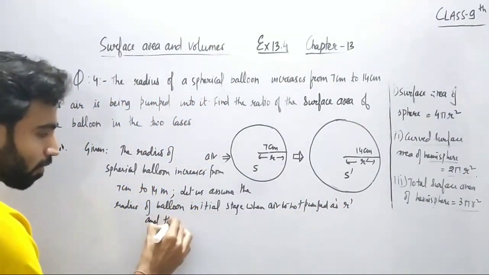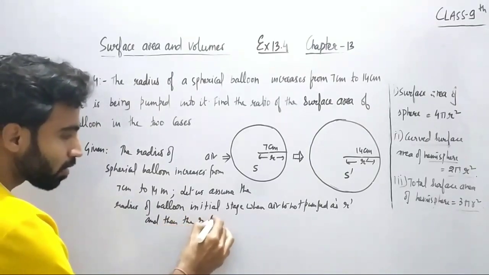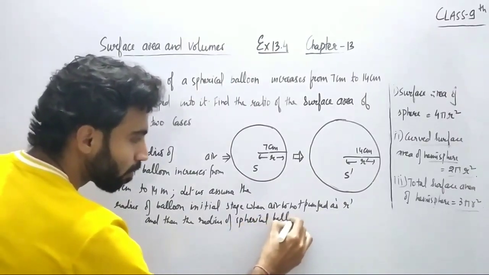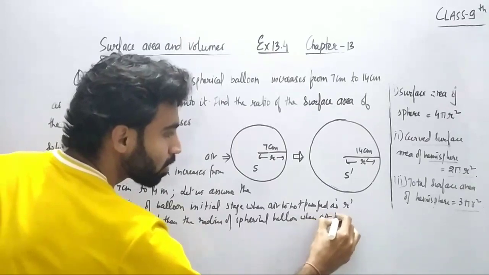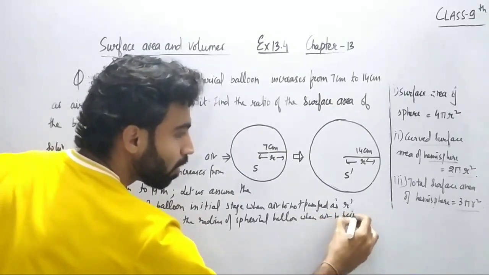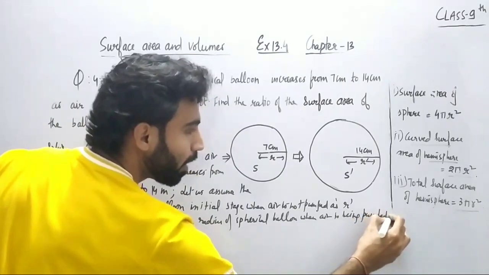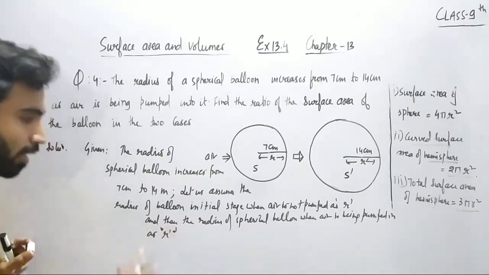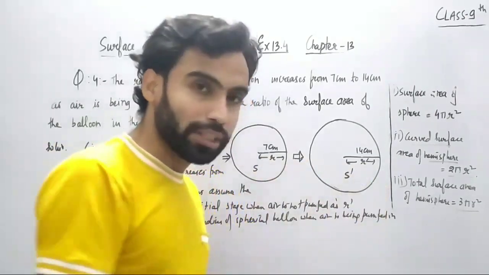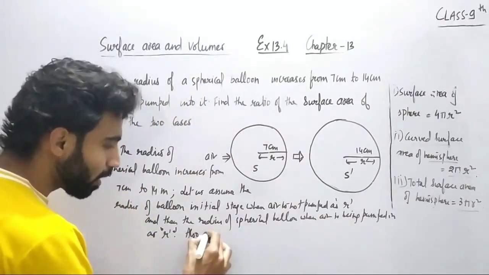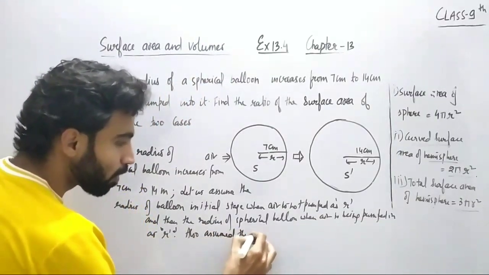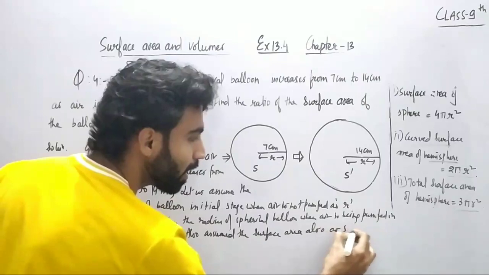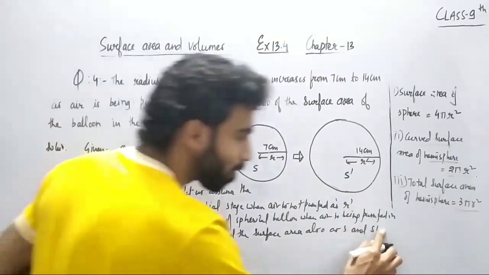And then the radius of spherical balloon when air is being pumped in as r dash, right? So यहाँ पे मैंने इसकी रेडियस को r assume कर लिया और इसका r dash. Also you can say assume the surface area also as s and s dash respectively, right?